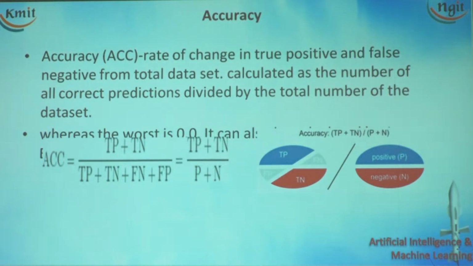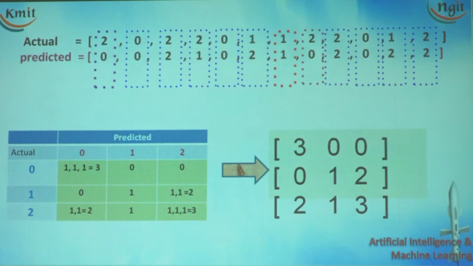Okay. And then accuracy. How to get the accuracy? Accuracy means in all the points, how many are predicted correctly, meaning the true positive and true negative, the correct predictions. What is the rate of correct predictions over all the points? So what is that? Diagonal. Diagonals are proper predictions. So we have to take the sum of all the diagonal elements.